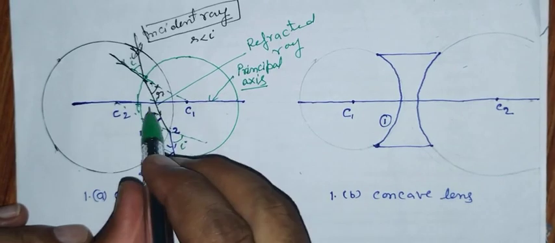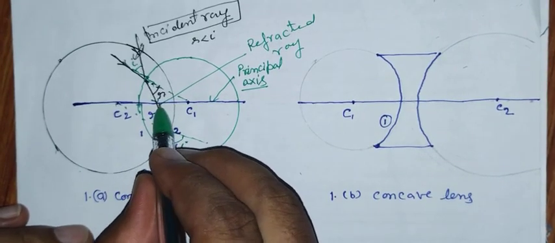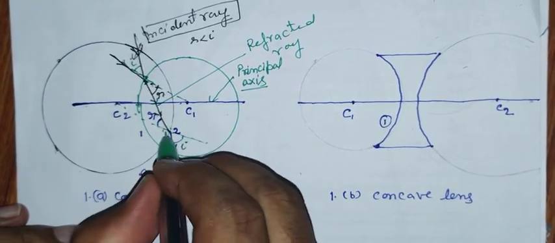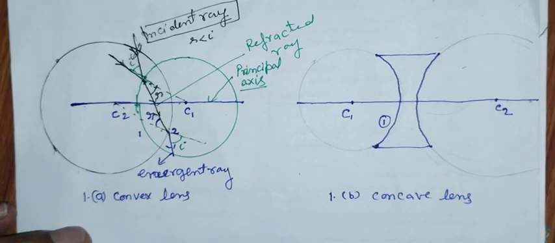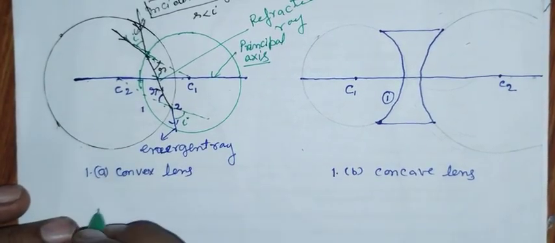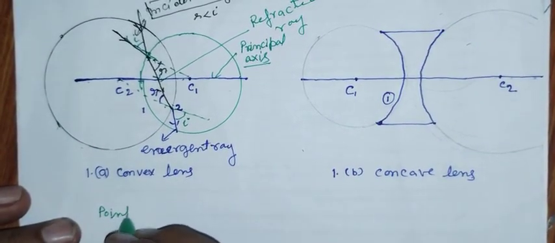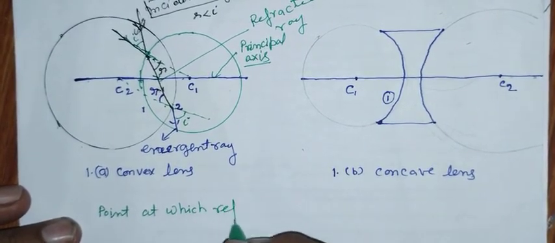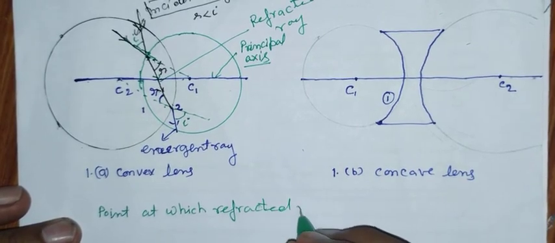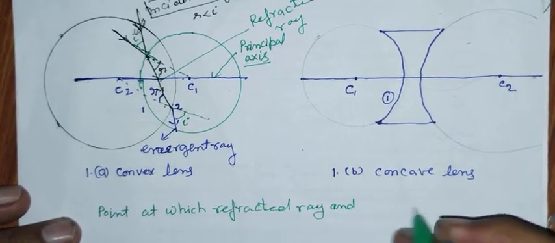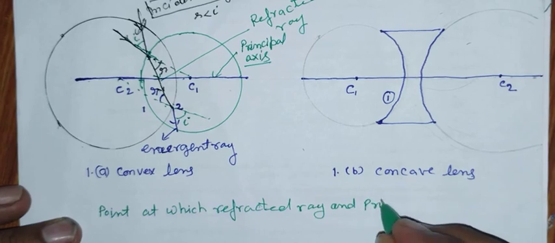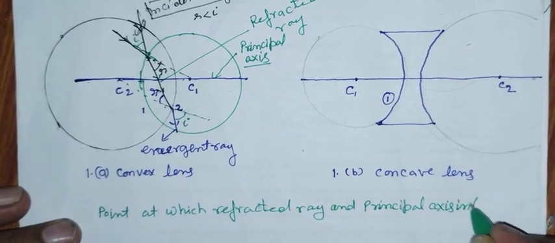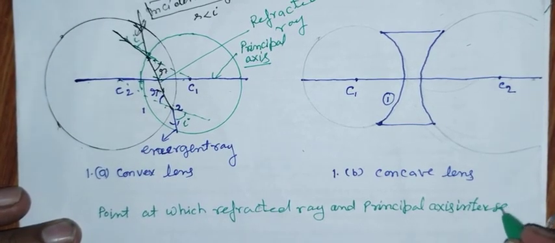At this stage, the point where the principal axis and the refracted ray intersect, see very carefully, the point at which the refracted ray and principal axis intersect.